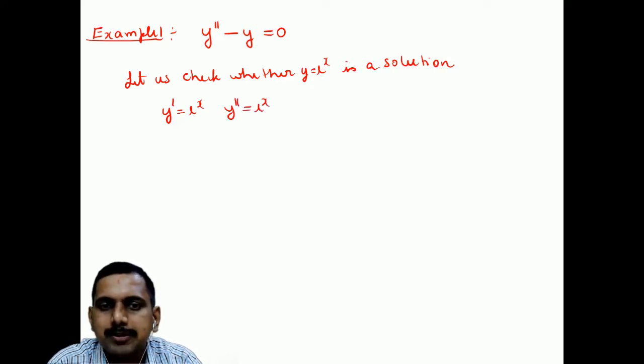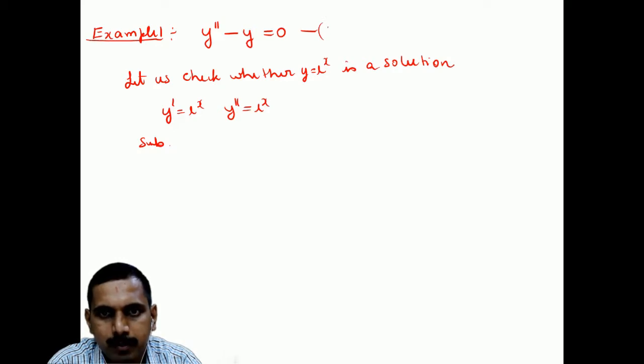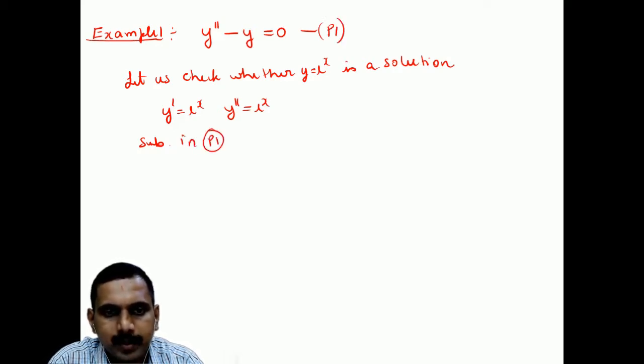Now substitute that back into equation 1, we can have this as star 1, in terms of problem 1, P1. Substitute in P1, what we will get? E power x minus e power x is equal to 0.